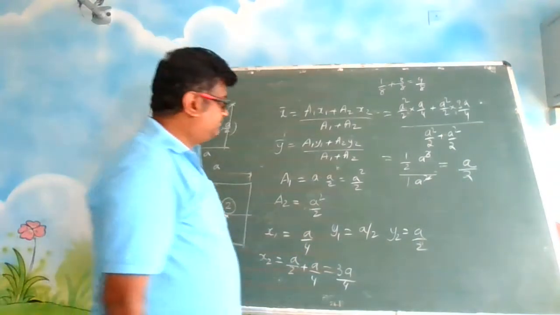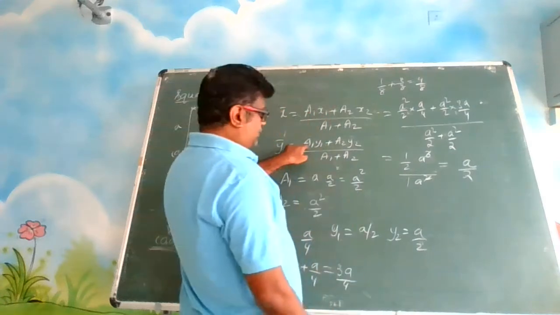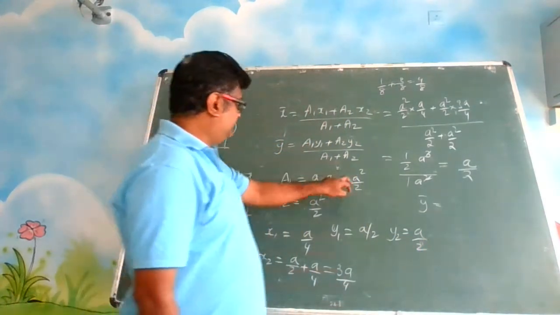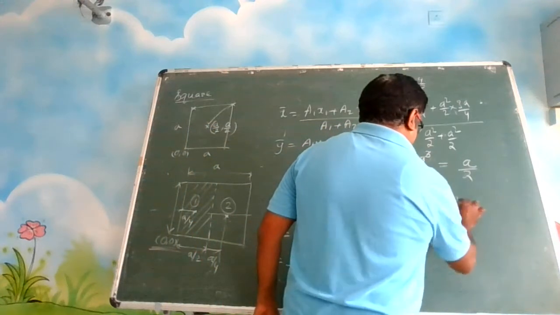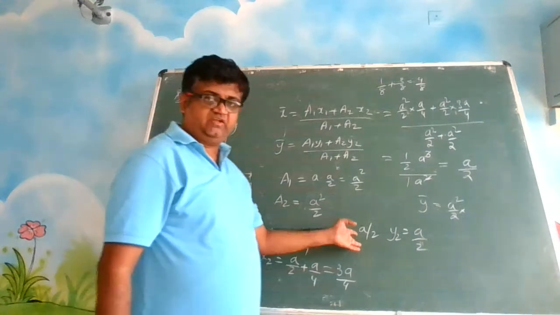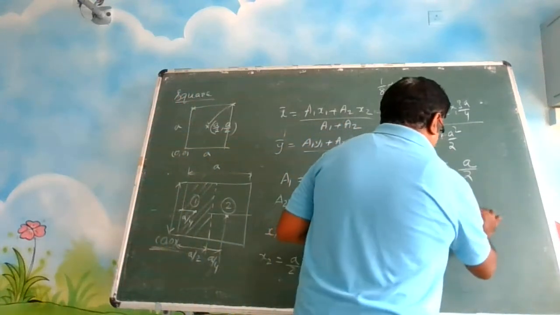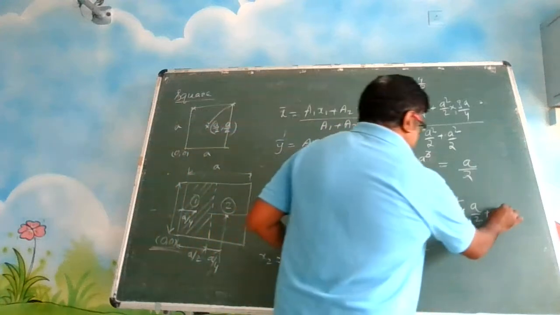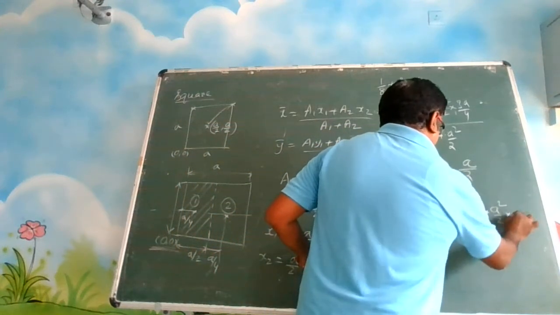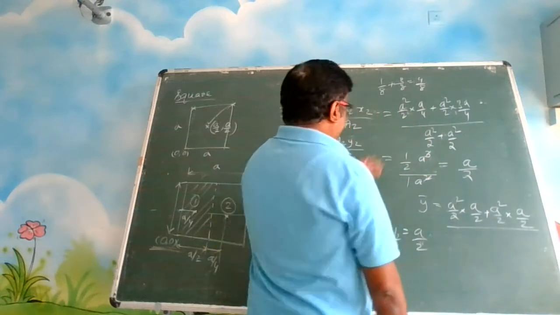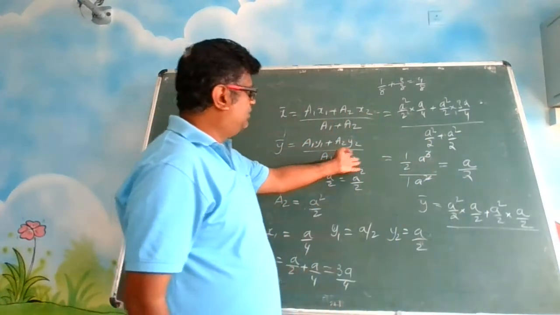Now y coordinate. Y coordinate formula y bar is equal to a1, A1 is a square by 2 into y1. Y1 is a by 2. A2 is a square by 2 into a by 2 divided by same area you will get a1 plus a2 how much?